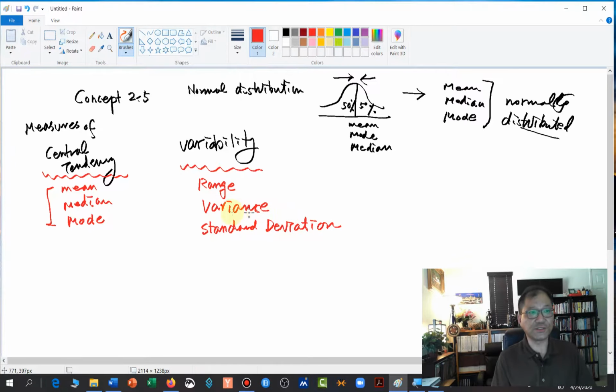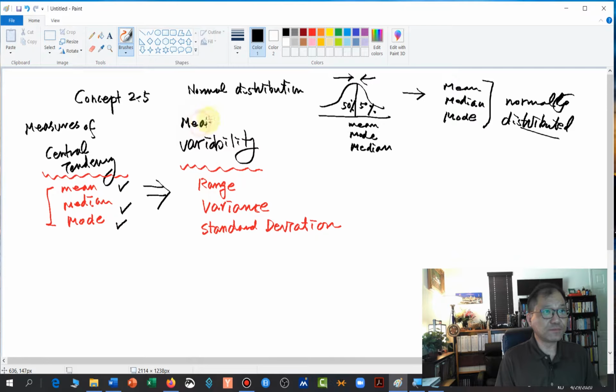Wow, new terms right here. So at this point, I'm sure you understand the concept of mean, median, mode. Let's move on to the next level.